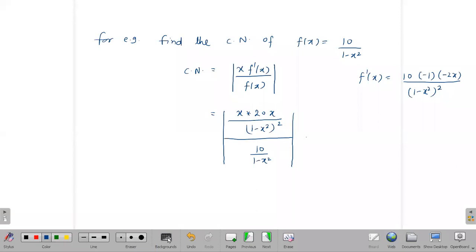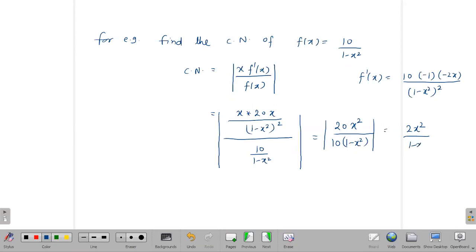This is in the denominator actually. So now it will give you 20x square divided by 1 minus x square, by 10. So you will get 2x square by 1 minus x square.